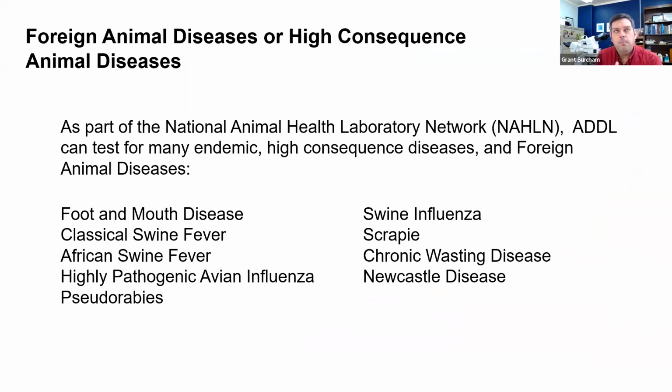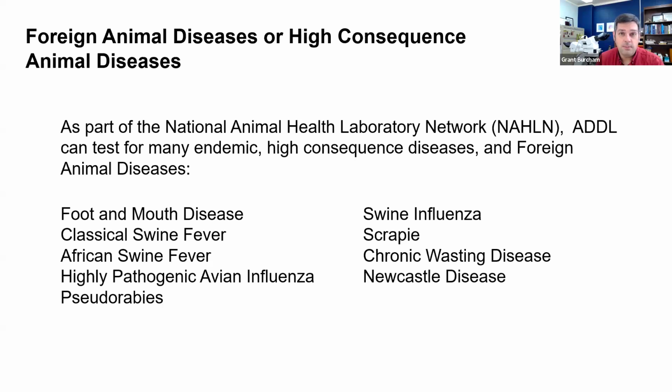So as being part of this National Animal Health Laboratory Network, or NAHLN, we, the ADDL, do some testing for some of these high consequence foreign animal diseases. We've got them listed here that the animal health officials really need to know whether we have these or whether we're free of these.